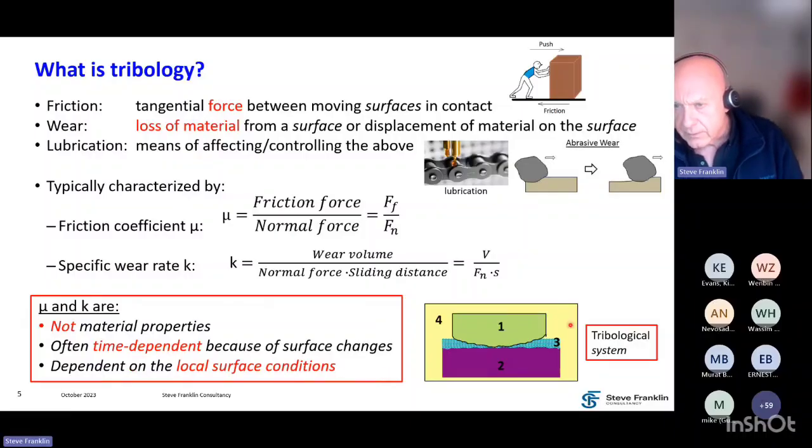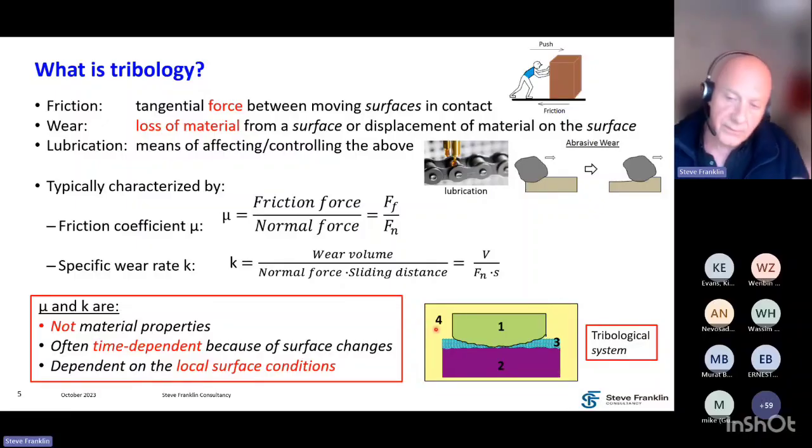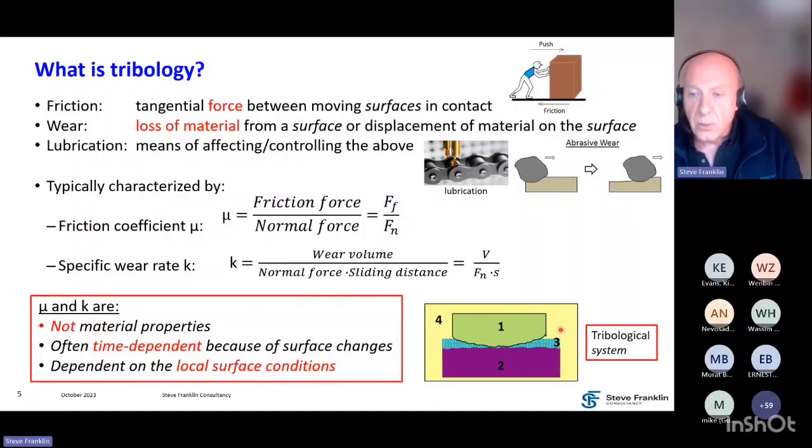So we normally talk about a tribological system, which is two components in contact with each other, moving with respect to each other. There may or may not be some sort of lubricant in between, or it could also be water, and all of that is encased within an environment of some sort, which may be air or maybe vacuum in space applications, for example. So all of that makes up the tribological system.